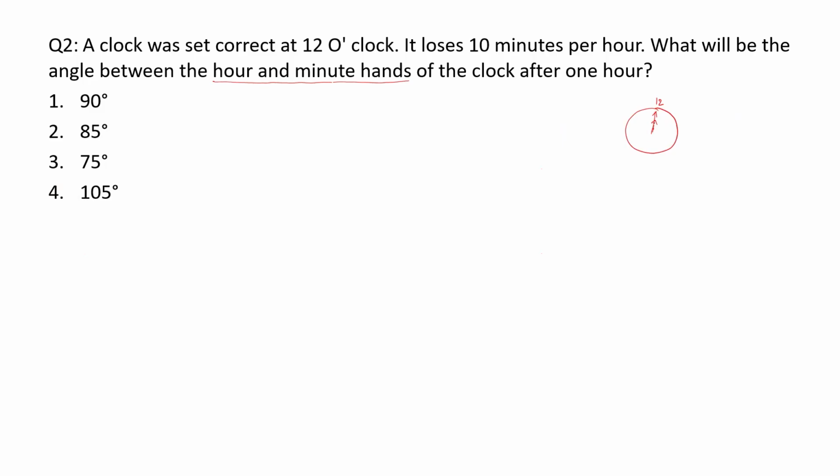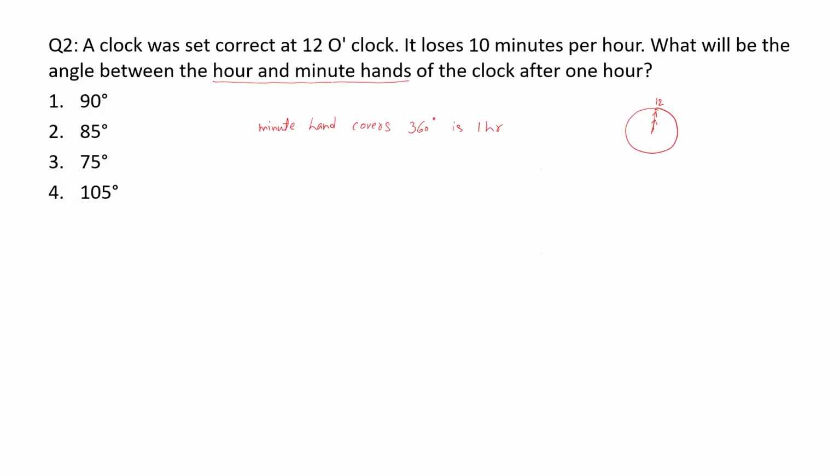So the clock is set correct at 12 o'clock. So right now, this is the position. What does it say? It says it loses 10 minutes per hour. So that means you know that the minute hand covers 360 degrees in 1 hour, right?